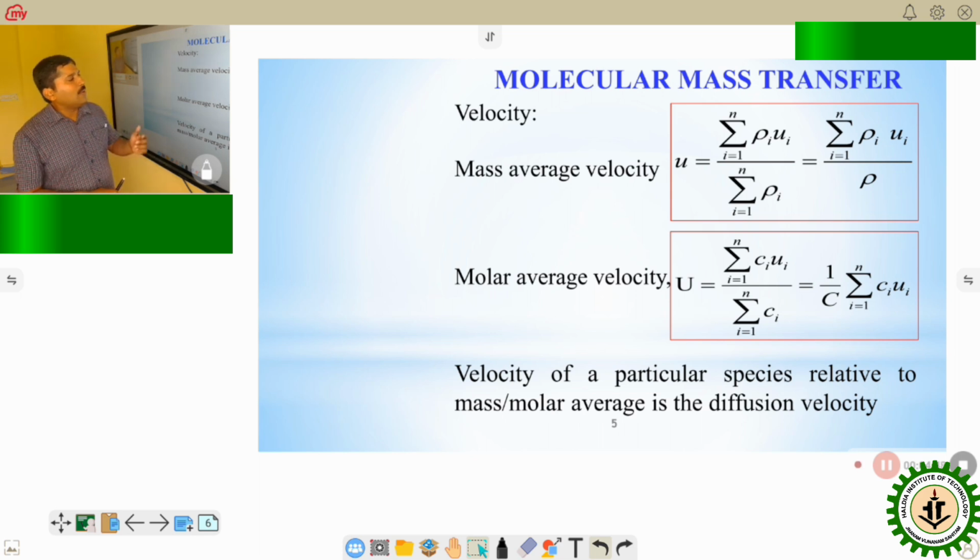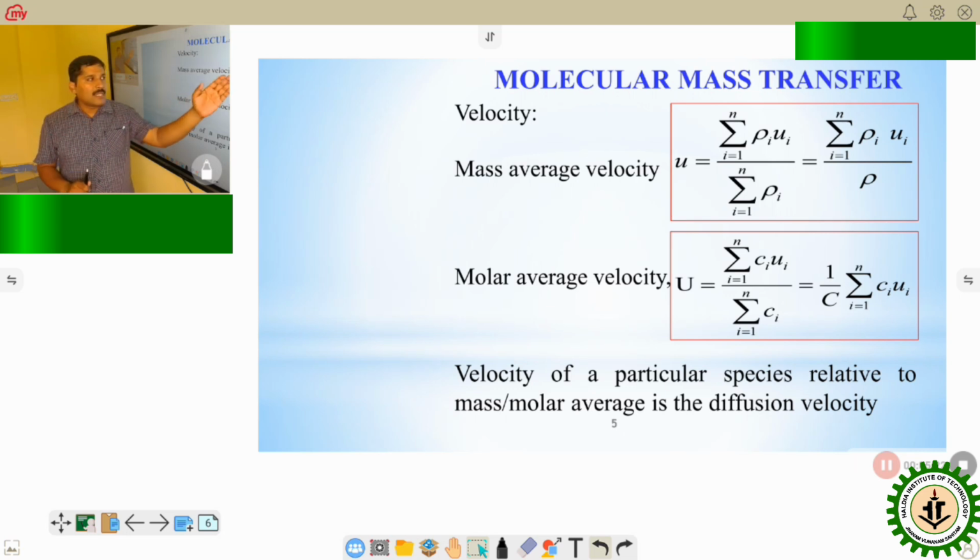When it is the mass average velocity, the representation is small u, equal to the summation of i equal to 1 to n of rho i ui divided by the summation of i equal to 1 to n of rho i. Here rho i is the mass concentration of the individual species in a solution, ui is your linear velocity or simply velocity, and rho i is your mass concentration.